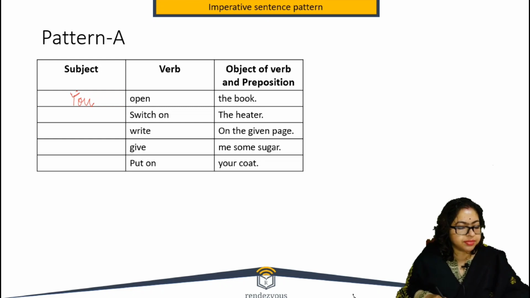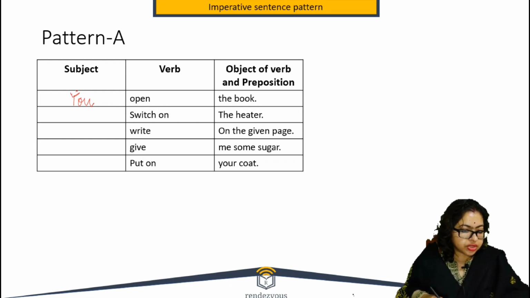Coming to the example number 2, switch on the heater. Example number 3, write on the given page. Example number 4, give me some sugar. And example number 5, put on your coat.